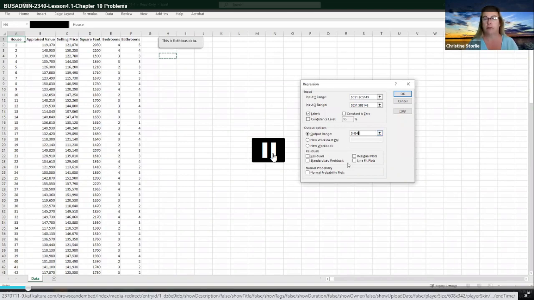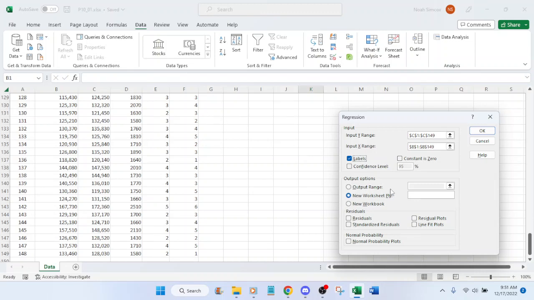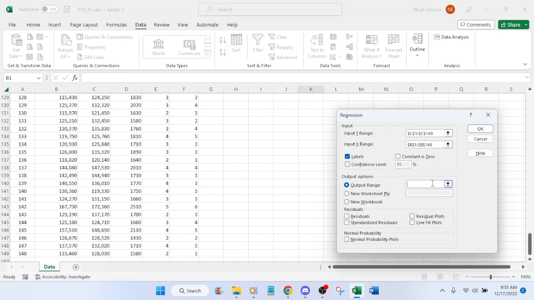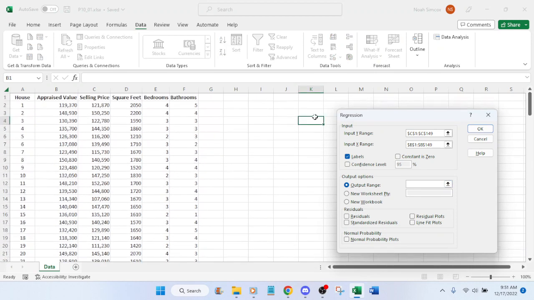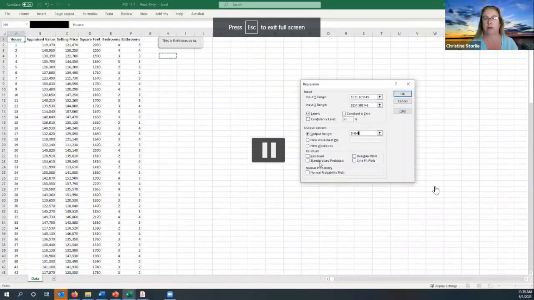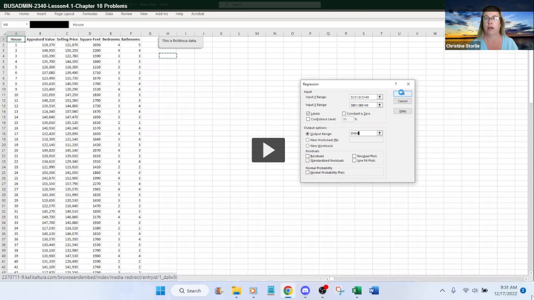In chapter 11, we'll start looking at some of the assumptions, so we'll be using some of these options down here then, but until now, this is all we need, so go ahead and click on OK.